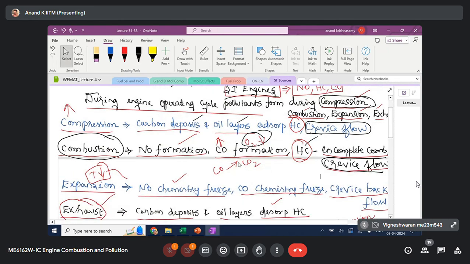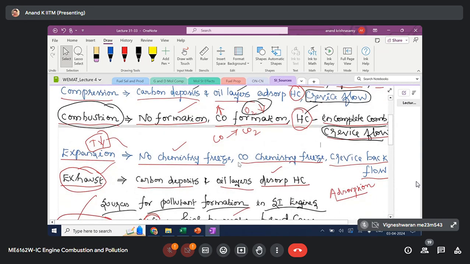During expansion, the NO and CO kinetics will stop because of the drop in temperature. As you know, during expansion the piston moves down. There is a volumetric expansion that results in a drop in temperature in the cylinder. The drop in temperature will stop the kinetics. First, NO kinetics will stop. Subsequently, CO kinetics will stop.